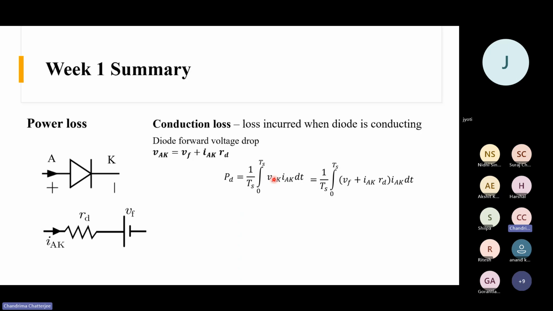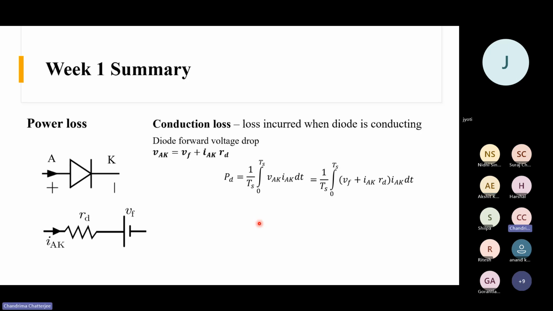Now, the voltage across the diode, VAK, we have already written as the expression VF plus IAK RD, so we have replaced VAK with this expression. Is it okay till this point? Yes, madam.